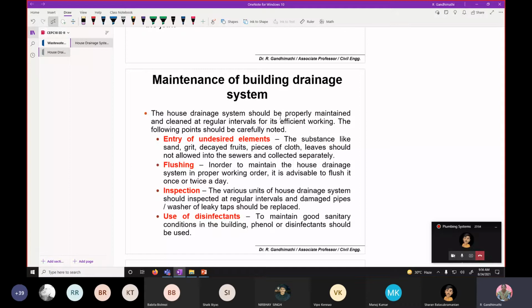Then inspection. The various units of the house drainage system should be inspected at regular intervals, and damaged pipes or washers of leaky taps should be replaced, especially in the wash basins. You can see the formation of some obnoxious odor, mainly from hydrogen sulfide gas.